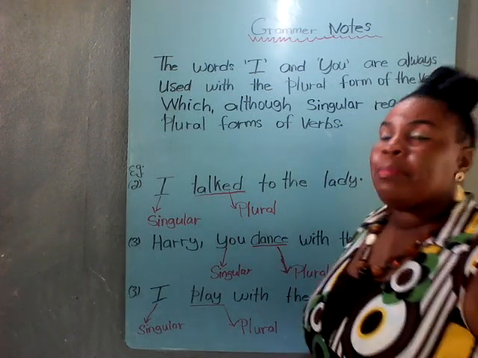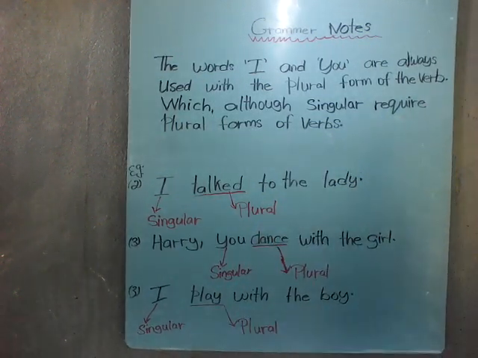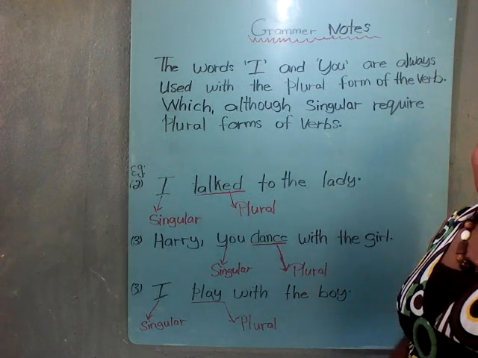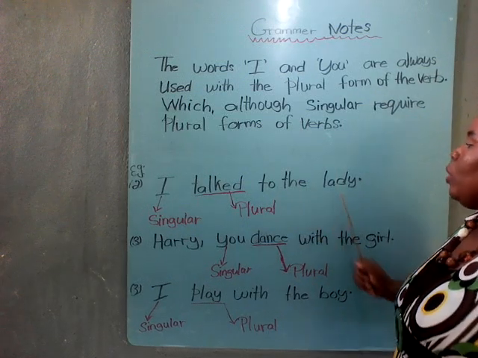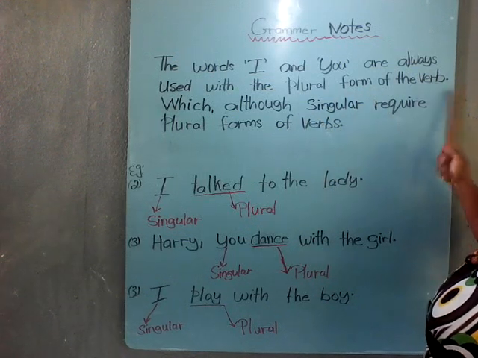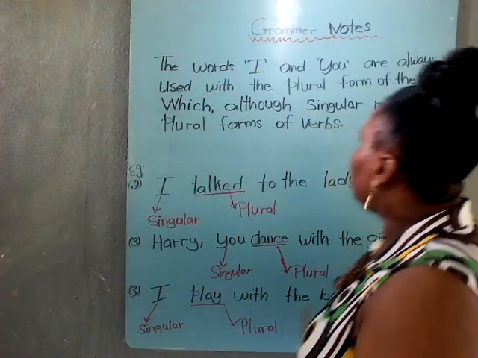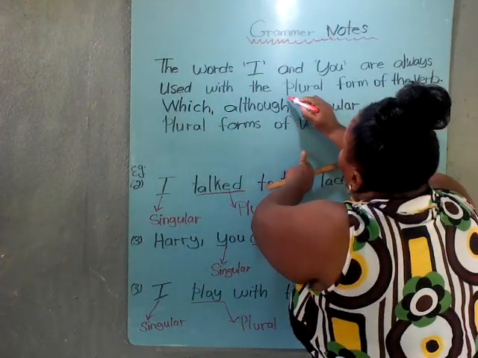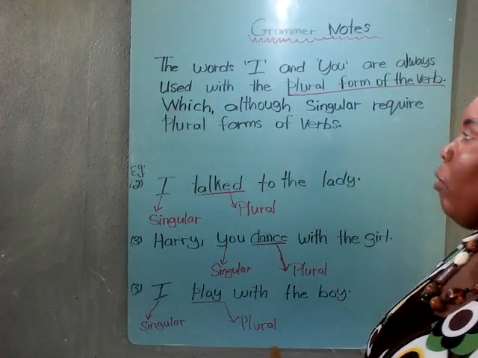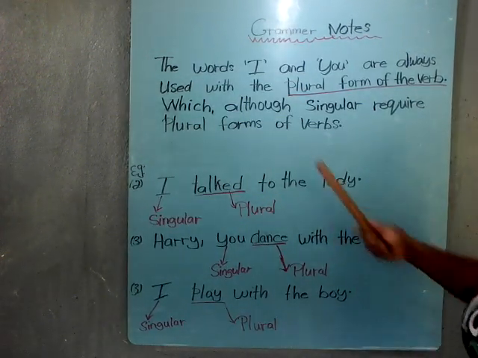So here are some examples that I've written out for you. All right? I talked with the lady. I, singular, talk would be plural, because according to the rule, it needs a plural form of the verb.